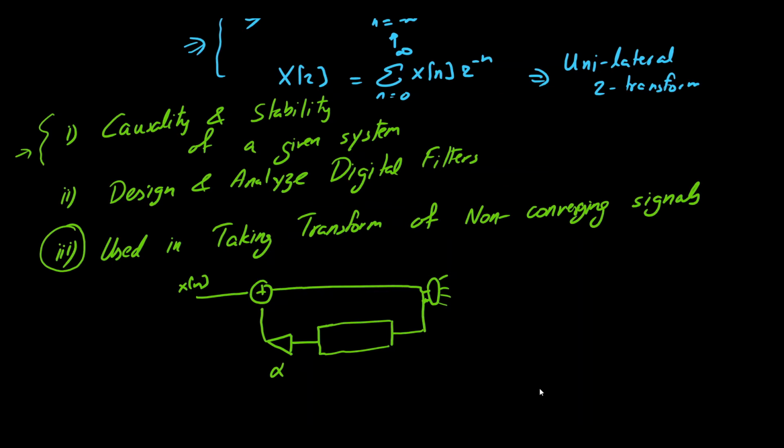So we have an x of n and this is our y of n. Over here we would have a delayed version of the output, which is y of n minus 1, that would be multiplied by gain alpha, and we have a positive feedback. So we can simply say that our output y of n is equal to alpha y of n minus 1 plus the input x of n.